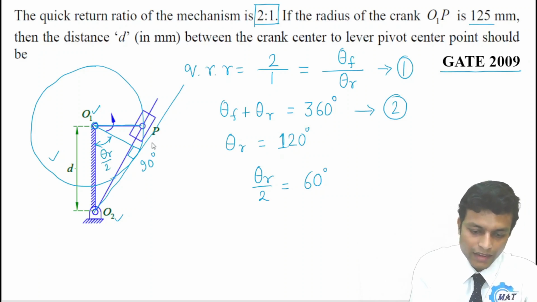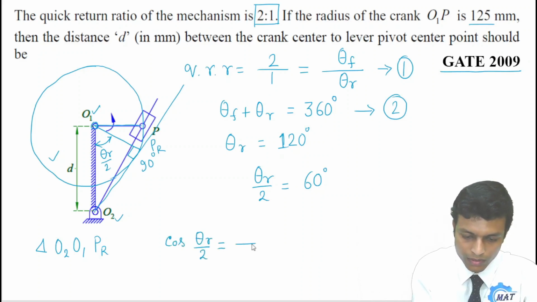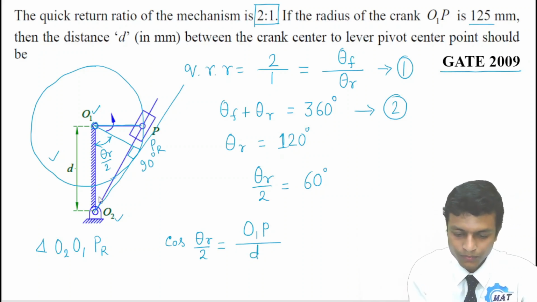So from triangle O2 O1 PR, we can write cos of theta r by 2 is O1P by D. D is O1O2.